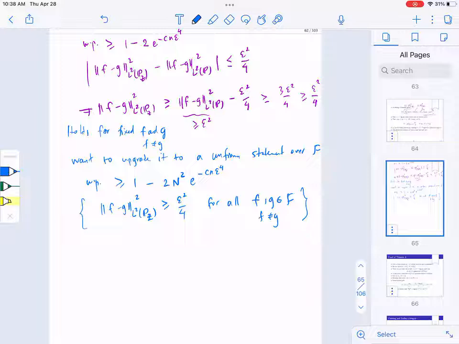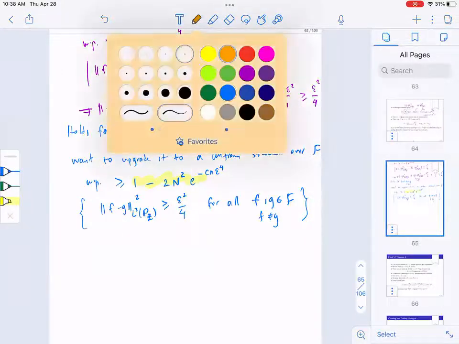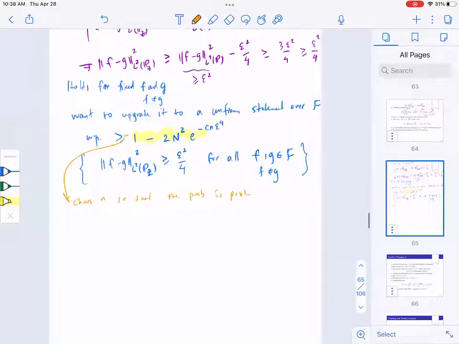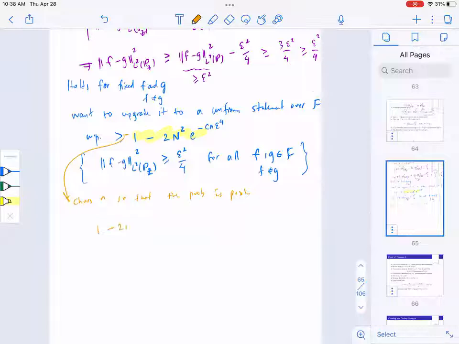So what we need to do is choose n so that the probability is positive. So I want 1 minus 2 N squared e to the negative c n to be positive.